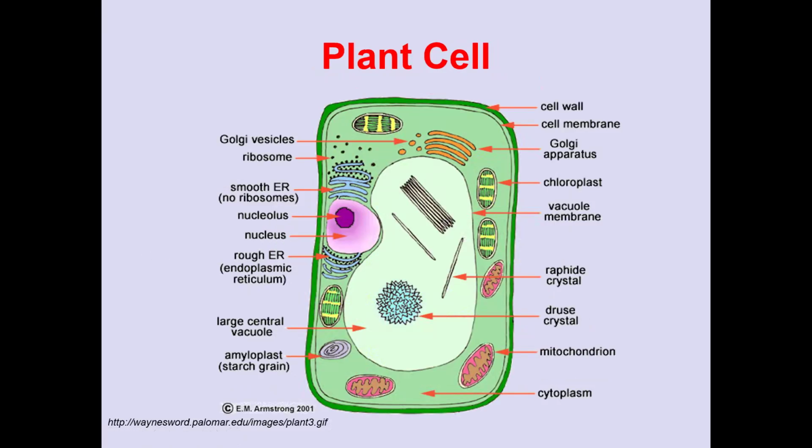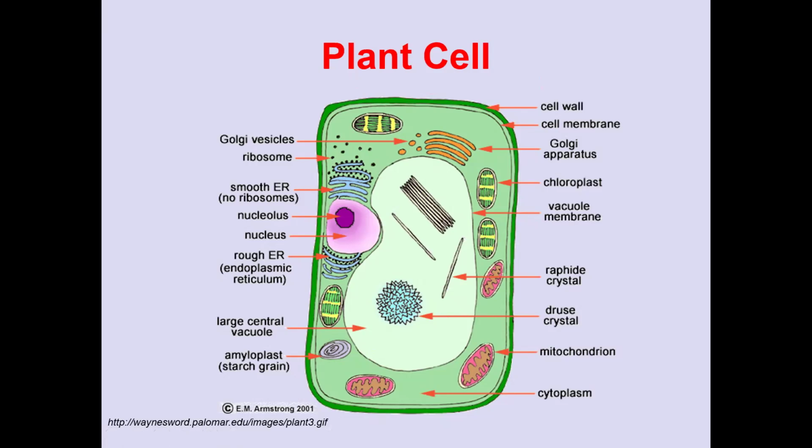This is another typical example of a plant cell, and you have all the structures here. You have the amyloplast, which is starch containing. They have a large central vacuole, and endoplasmic reticulum. You know, endoplasmic reticulum is divided into two.